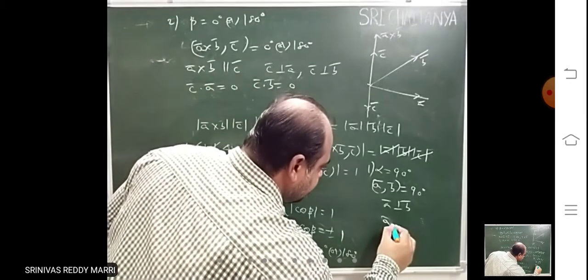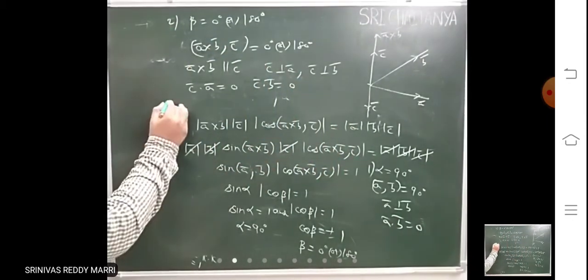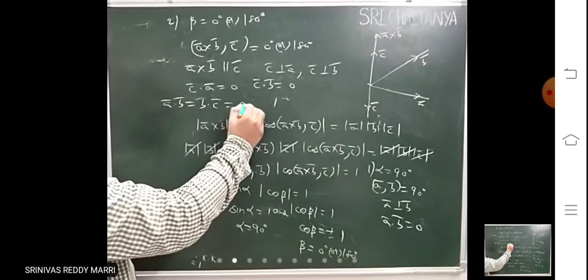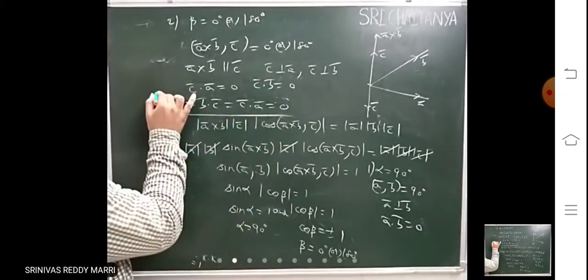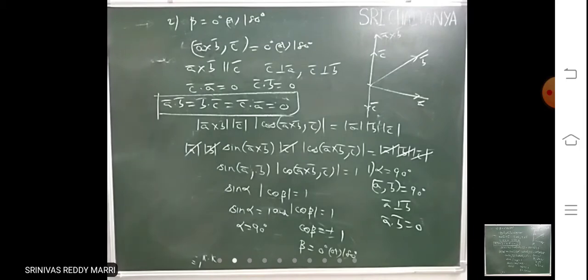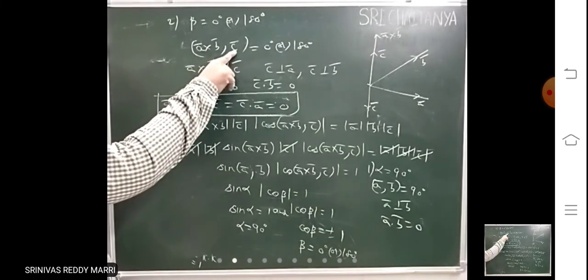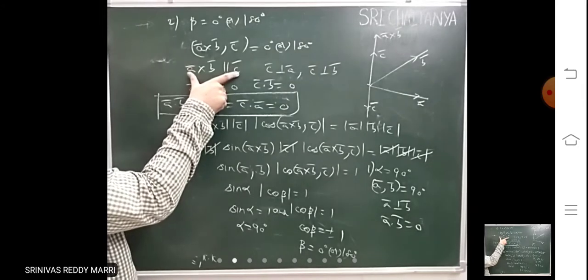Here what you will get? A dot B equal to 0. That means the condition is A dot B equals B dot C equals C dot A equals 0. Those three are pairwise perpendicular vectors. Whenever the angle between A cross B and C is 0 or 180, they will be collinear.